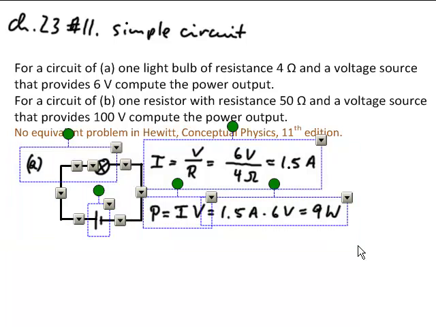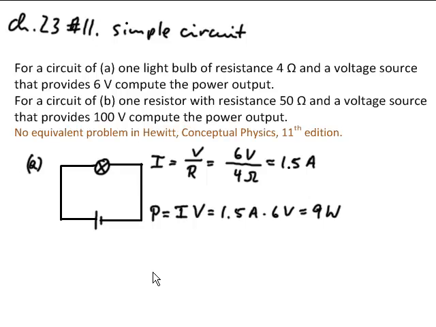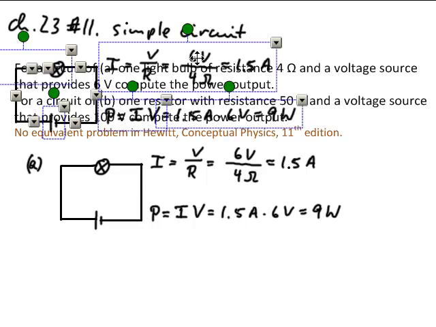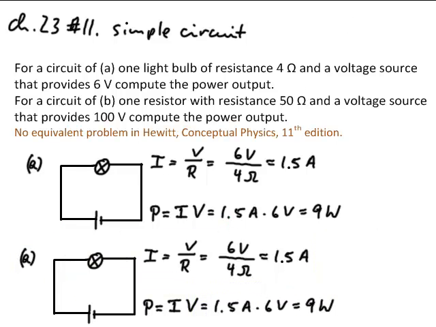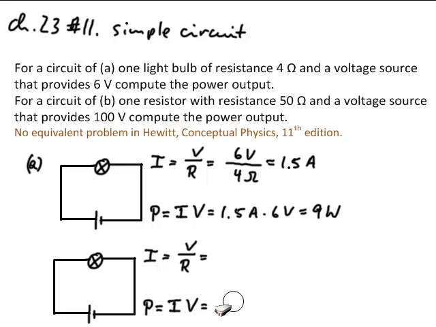Okay, the second part is virtually the same. The calculations are really virtually the same. I'm going to see if I can just copy everything here and carefully pull it down without losing anything, and then just fix a few things, such as this will be part B, and I have different numbers here on the second part. And of course, in this case, I do have a resistor. I'm going to take this out here.